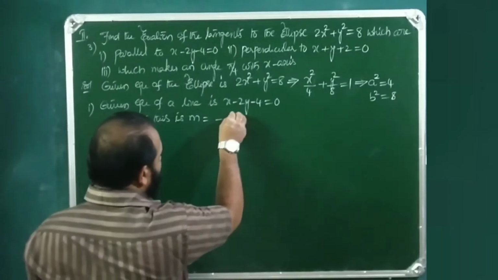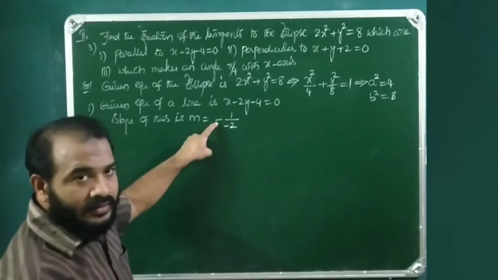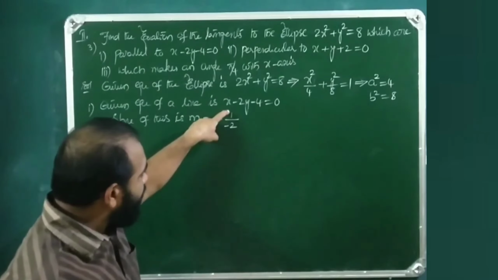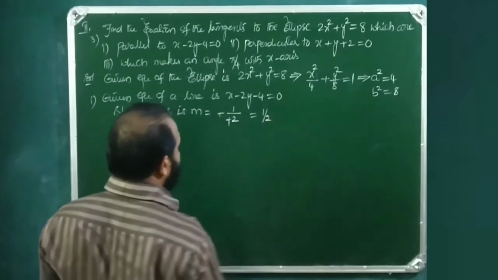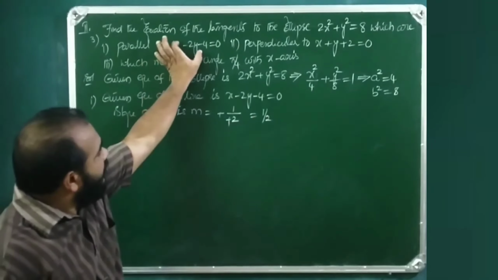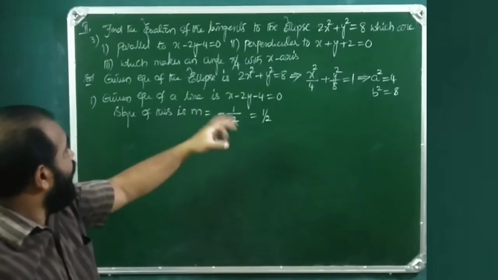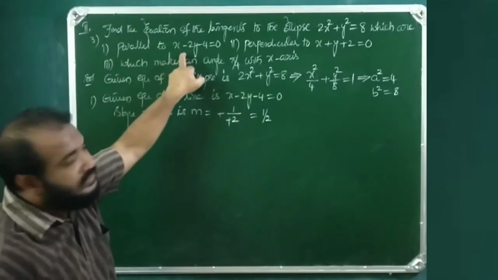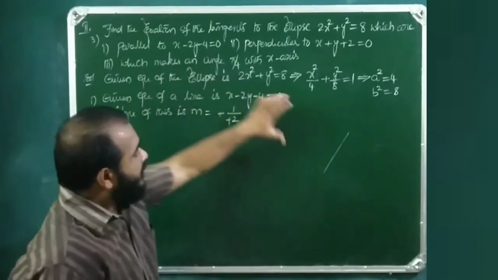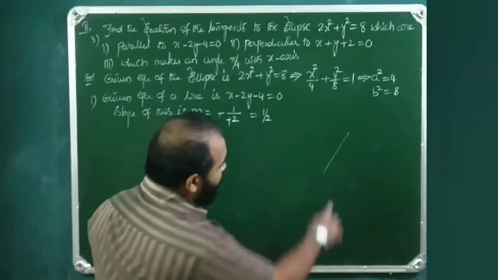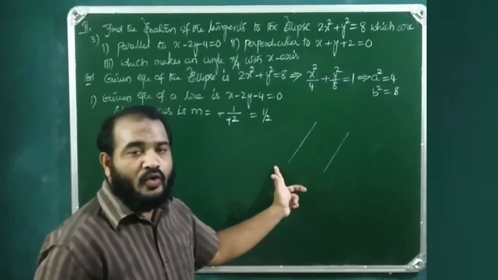So this is minus 1 by minus 2, the minus gets cancelled, 1 by 2. So this line's slope is 1 by 2, and the slope of a line parallel to this is the same, because both are parallel to each other, the slopes are going to be the same.